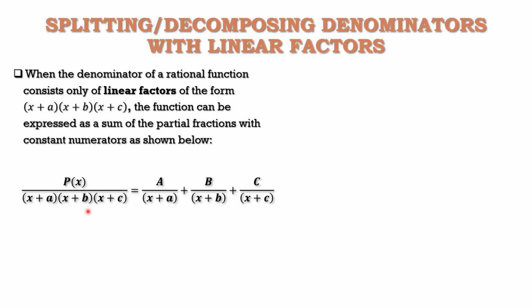Then this rational fraction can be split as A divided by x plus a, plus B divided by x plus b, plus C divided by x plus c. What it means is that if the denominator is completely factorized into linear factors, then we use a constant term as numerator to separate each linear factor.